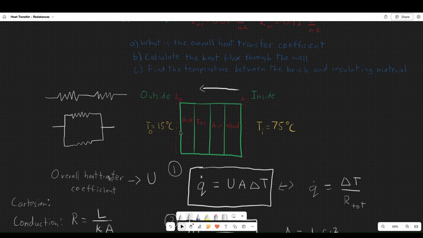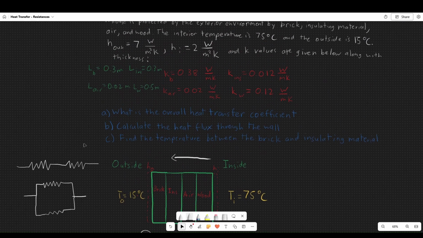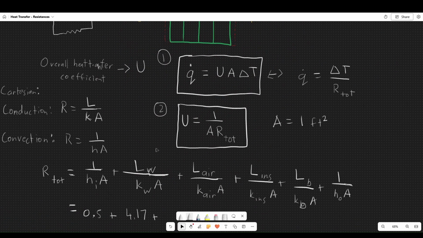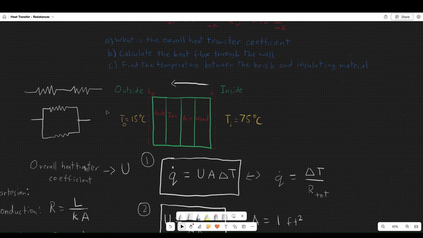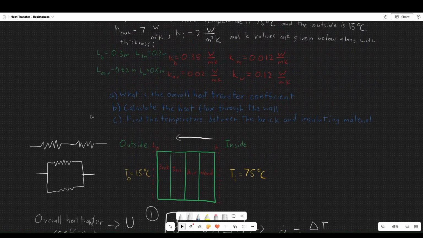And then we have L air, which is 0.02, divided by K air, which is also 0.02. And so we get 1 for that. So that one is pretty simple. L insulating over K insulating, 0.3 divided by 0.012.